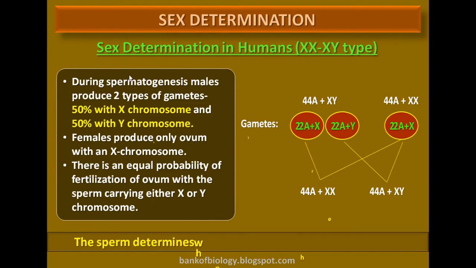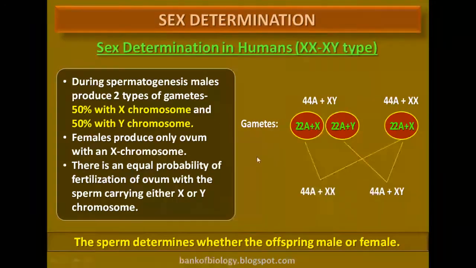During spermatogenesis, in males we have 44 autosomes plus XY, so it comes to 46 chromosomes. In females we have 44 autosomes plus XX, so it comes to 46 chromosomes.